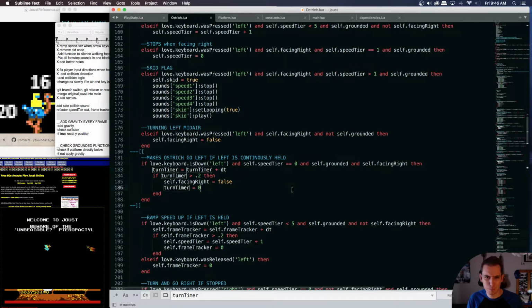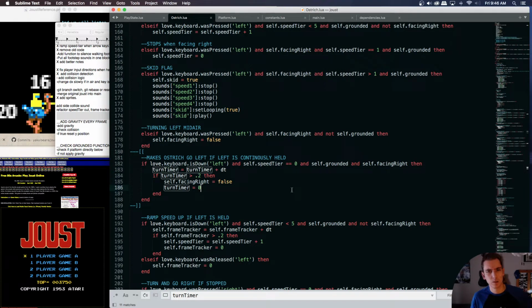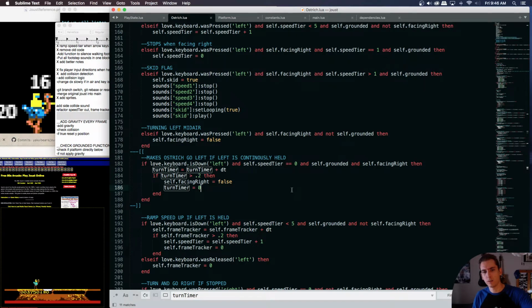Okay. I guess I'll just keep it, because I think we ended up doing that because if you're going right, you're in the air, and then you're landing and your left is held. Then if you keep your left held and skid gets set to 0, left is still an input, and as long as it's longer than that fifth of a second, it'll be like, okay, now you're facing left, which then increments speedTier, which we need to change.